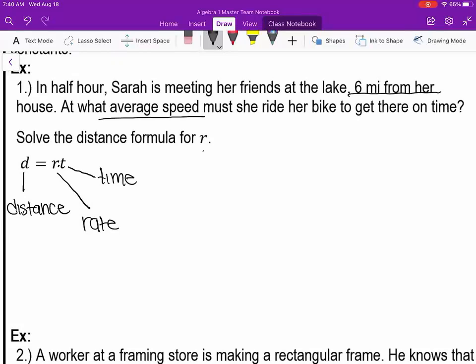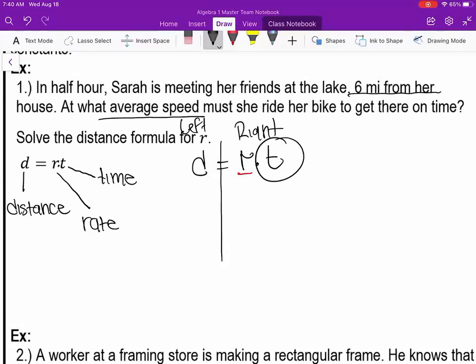Okay, so we got D equals R times T, and we want R by itself. R is already on the right side, so let's just keep it on the right side, which means I need to get rid of this T. Well, how do I get rid of this T?